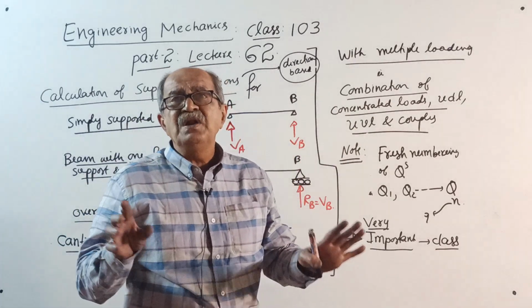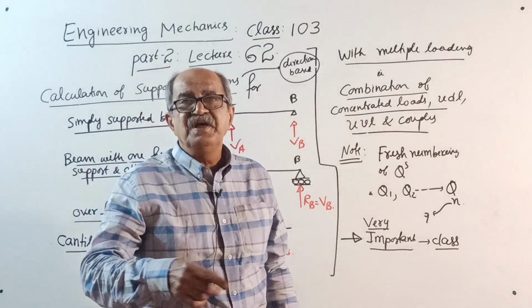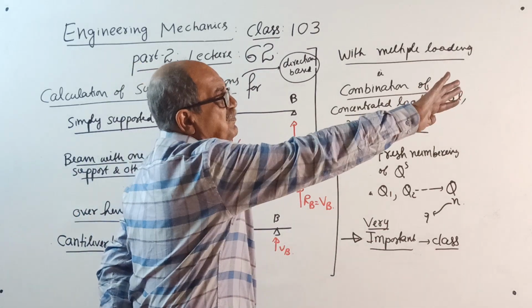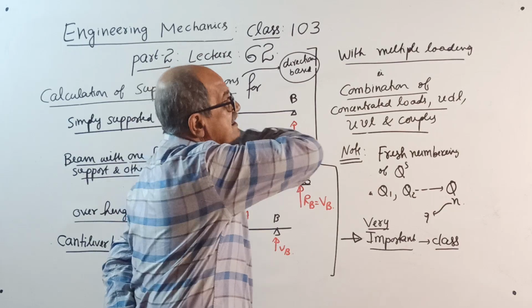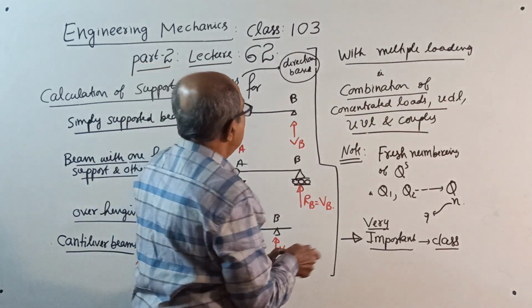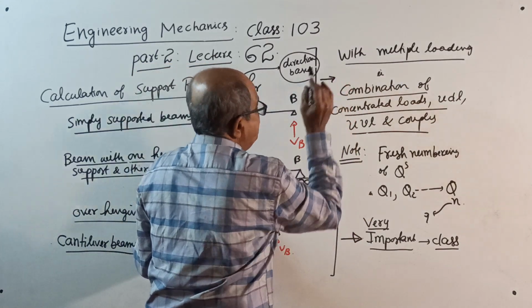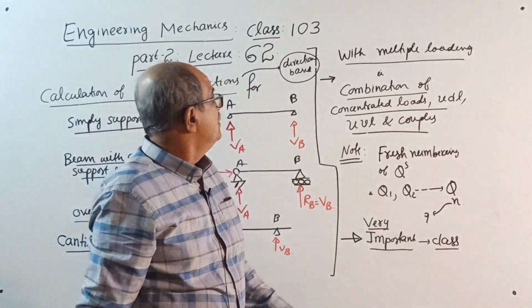So remember, our sign convention: you can follow any convention. For horizontal, you can take right side positive or left side positive. See, I am using only one hand. We will take right side positive. Some pattern is required; I will not change it.